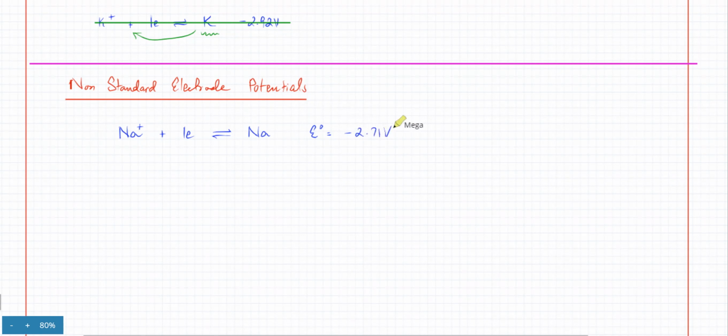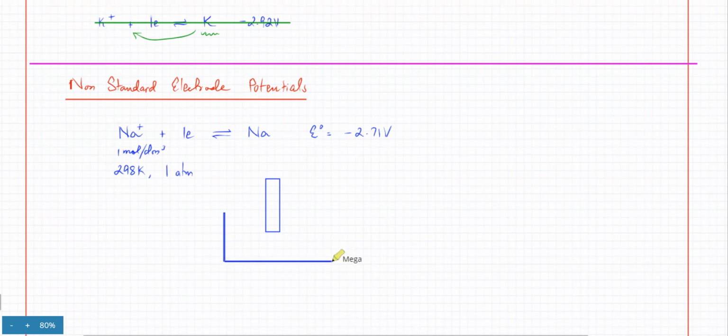Now, the standard conditions are that the ions have a concentration of 1 mole per decimeter cube, and the temperature is 298 kelvins, or 25 degrees centigrade. And one more thing, if there's any gas, then that gas must be at 1 atmosphere pressure. Now, whatever happened, this equilibrium was established, and let me draw the electrode.